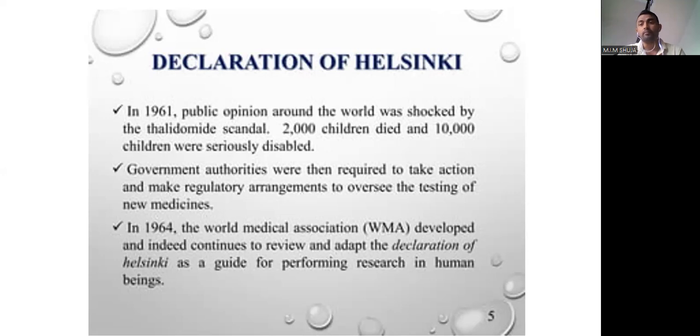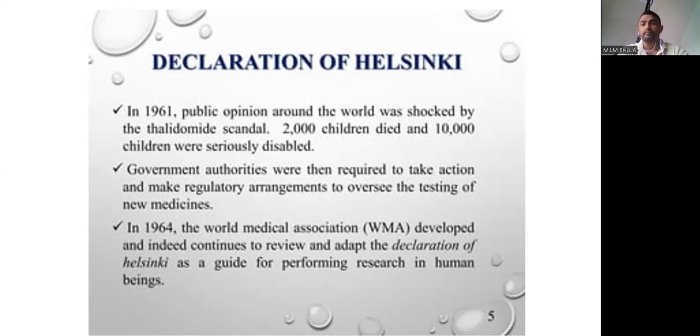The morning sickness settled, but the babies born to those mothers were without limbs, hands and legs. There was only a budding part of a hand, not a proper hand. That is the serious effect.